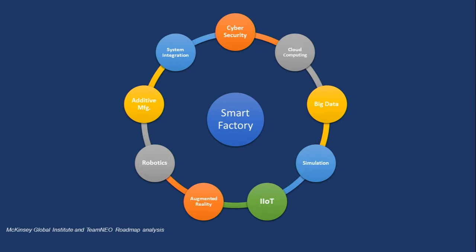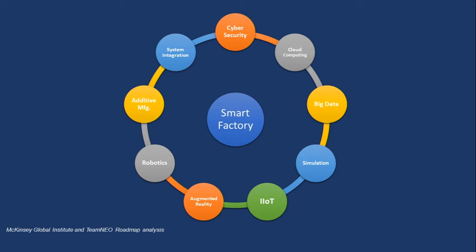That includes cybersecurity, as Michael just discussed. There's cloud computing, big data, simulations, AR, VR in many cases, IIoT as one of the topics here, augmented reality, robotics, additive manufacturing or 3D printing in many cases, and systems integration. These are all topics circling around this idea of taking our manufacturing base into the future.